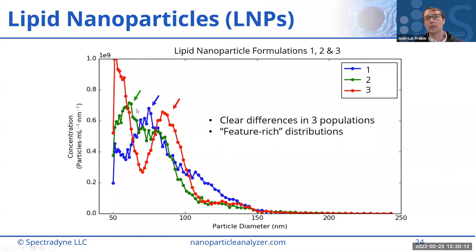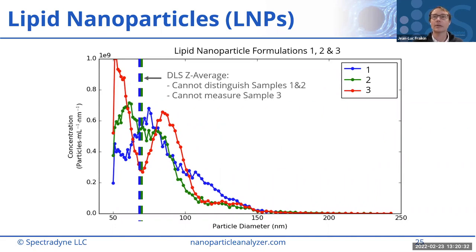Green sample 2 has sort of a bimodal hump on the side here, and sample 1 has a higher concentration of larger particles above 100 nanometers. There's a lot of information in these particle size distributions that you just can't get from DLS on its own. And this highlights the importance of using orthogonal techniques.